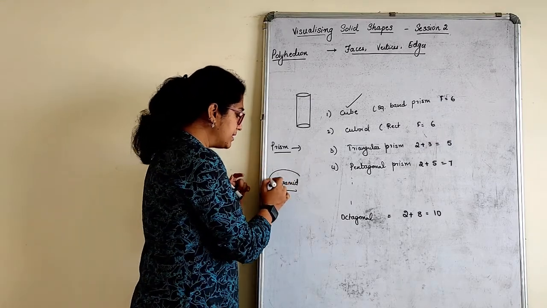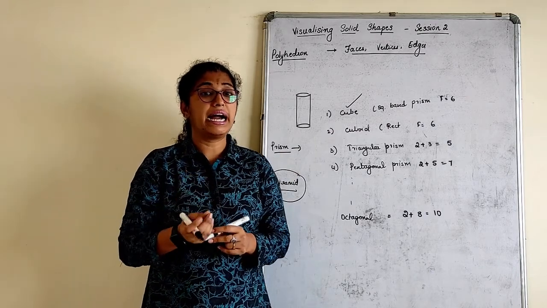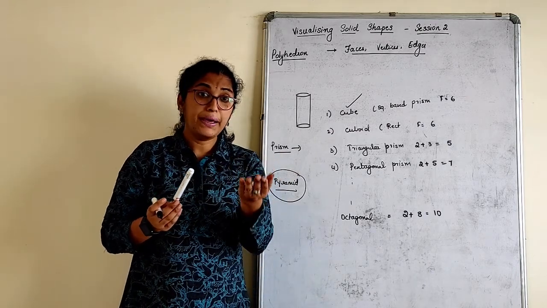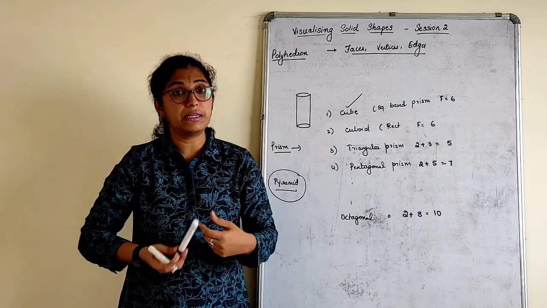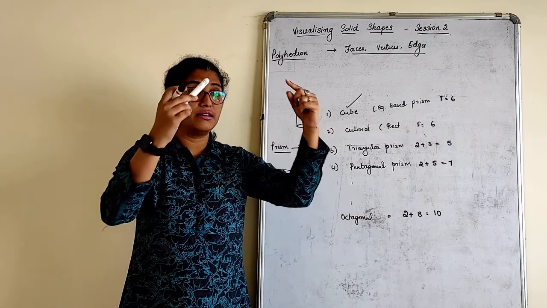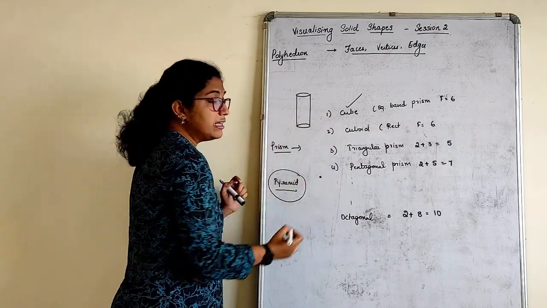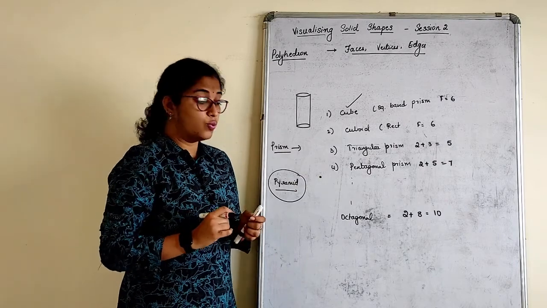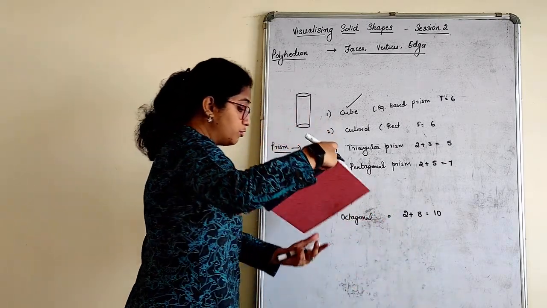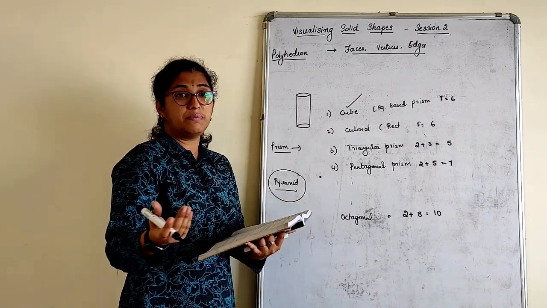Let's come to a pyramid. A pyramid is also a polyhedron, but it has only a base named after that particular polygon, and all the edges will join at a particular point that is called a vertex. Have you all seen a pyramid, children?